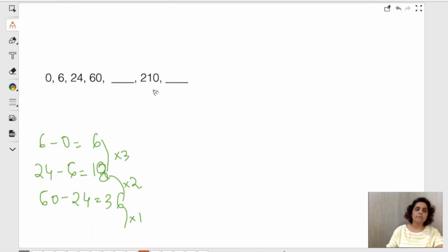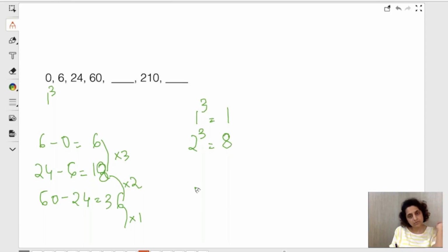So if we have a look at the cubes, 1 cube is 1. What is 2 cube? 2 into 2 into 2, that is 4 into 2, that is 8. What is 3 cube?